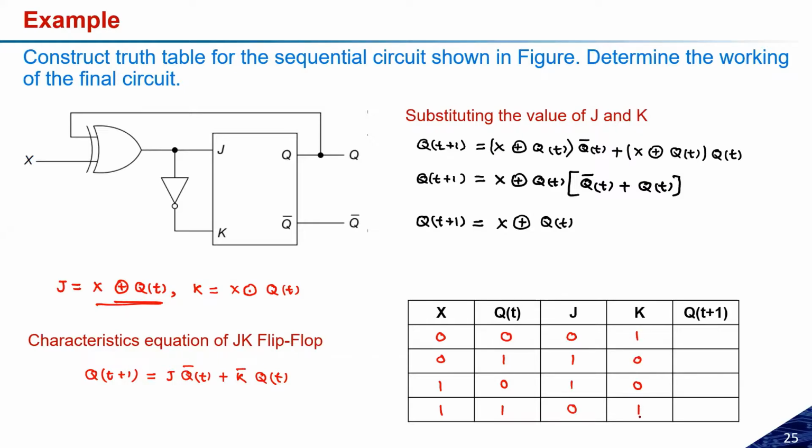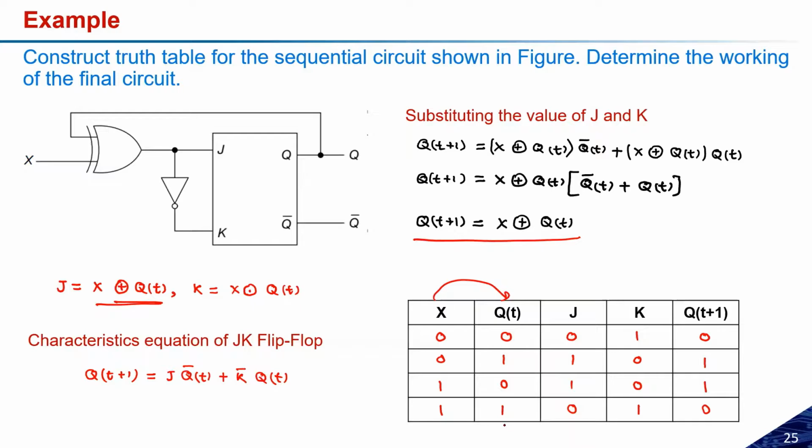Now I have to find Qt+1, which is X XOR Qt, and that will give 0 1 1 0.